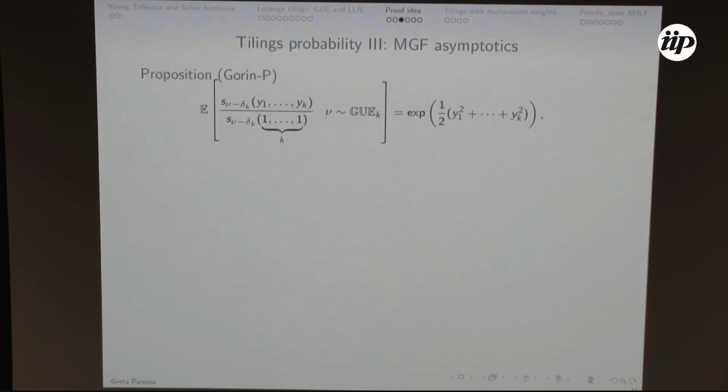And then one should compute the same type of moment generating function for the GUE distribution, and it turns out it is this, and it's not so hard to prove in many ways. I can do this directly as well, because we know a lot about the joint distributions for the eigenvalues.